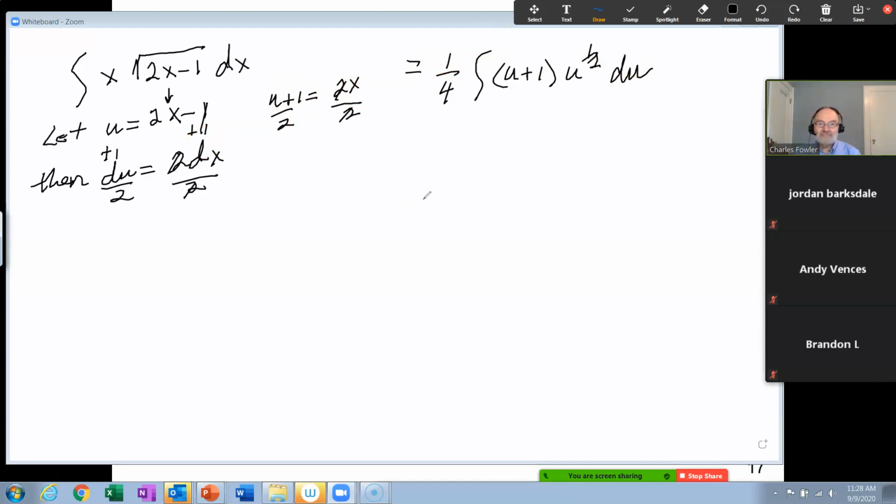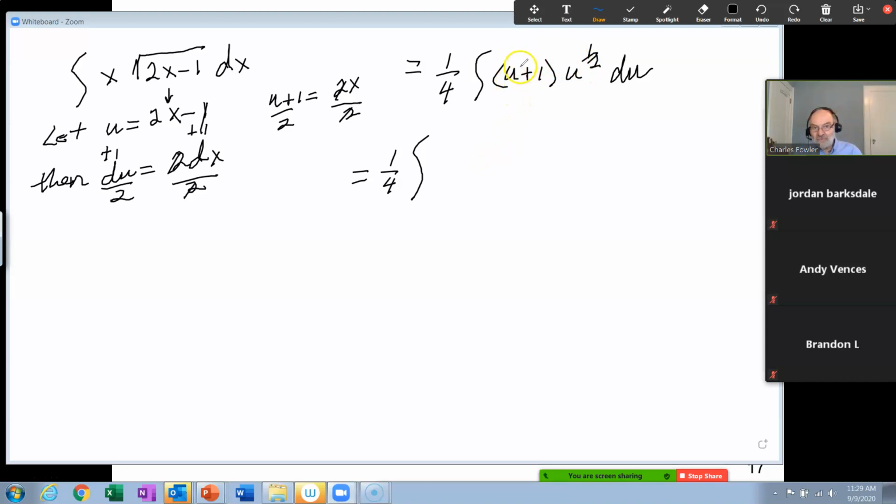Now, there is an integral that we can do. Now, you might not recognize it, but it is. Don't forget that 1/4 out front. Okay? Now, what we're going to do first is distribute that u to the 1/2 here.